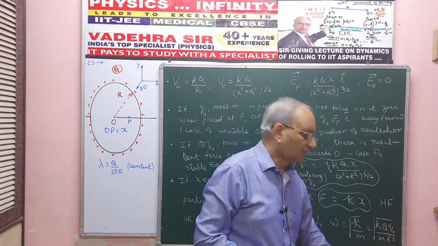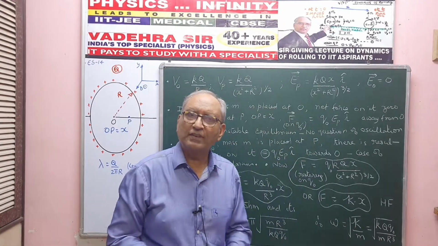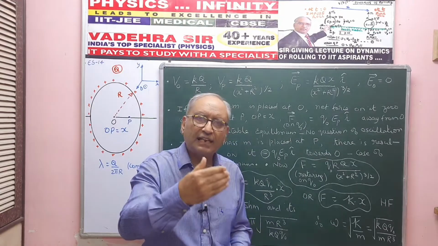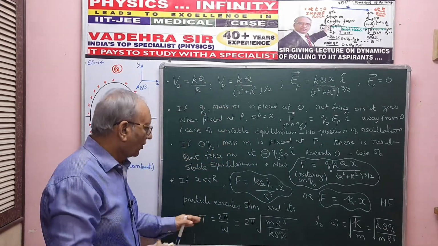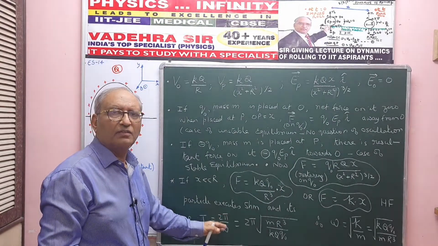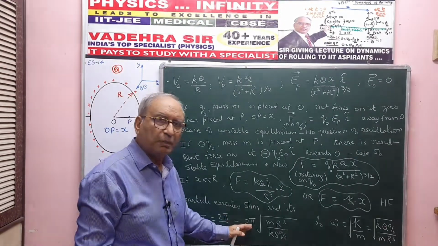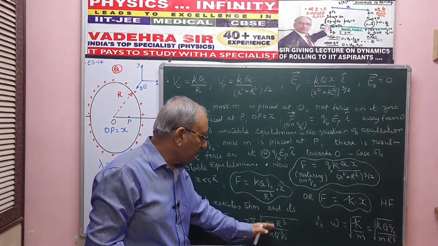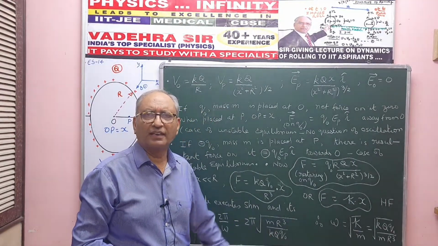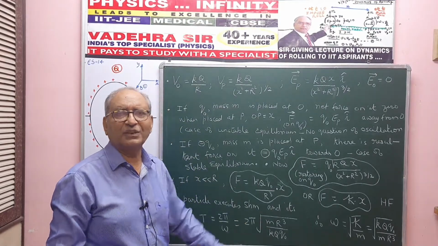So this is the angular frequency. Then angular frequency is 2 pi upon time period. Time period I denote by tau or T. The time period T is 2 pi by omega. So this will become 2 pi times the square root of m r cube upon small k Q Q naught. You can write small k as 1 by 4 pi epsilon naught and you get the answer.